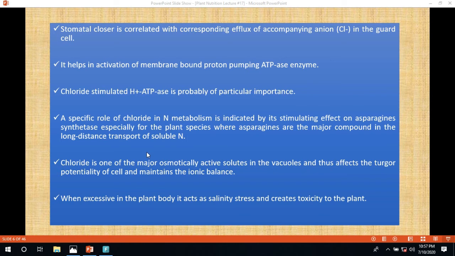A specific role of chloride in metabolism is indicated by the stimulating effect on asparagine synthesis, especially for some plant species. Chloride is one of the major osmotically active solutes in the vacuole and thus affects the turgor potential of the cell and maintains the ionic balance. When excessive in the plant body, it acts as a salinity stress and creates toxicity to the plants.